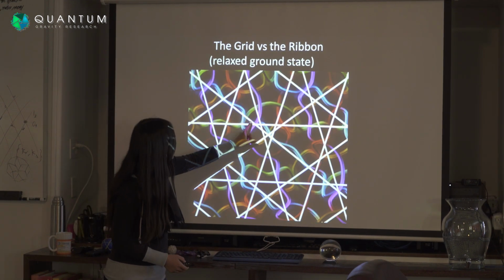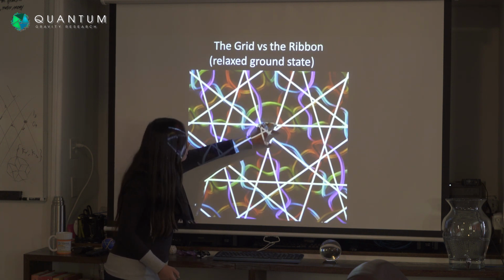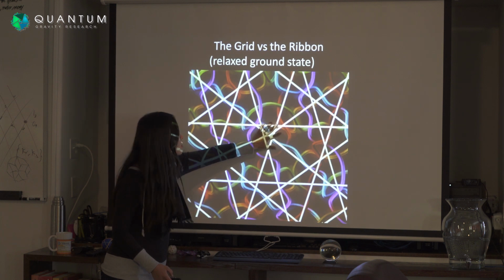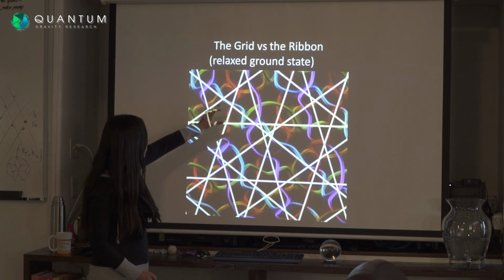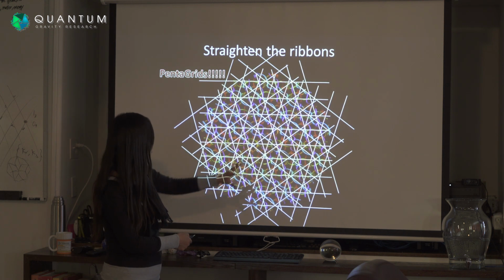In the pentagrid, you can see some areas like this where the intersection points are all crowded together. But in the ribbons, it's all more or less even.